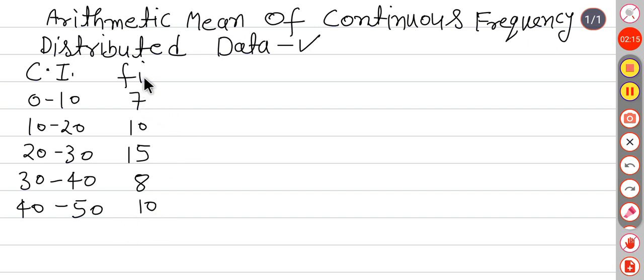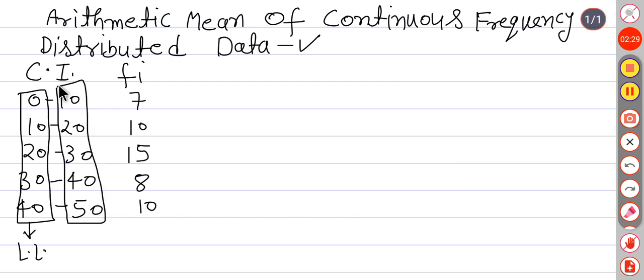These are called lower limits, I am writing LL, and these values are called upper limits, UL. So you will find xi. For x1 you add these two values, 0 plus 10 upon 2, that is 5.